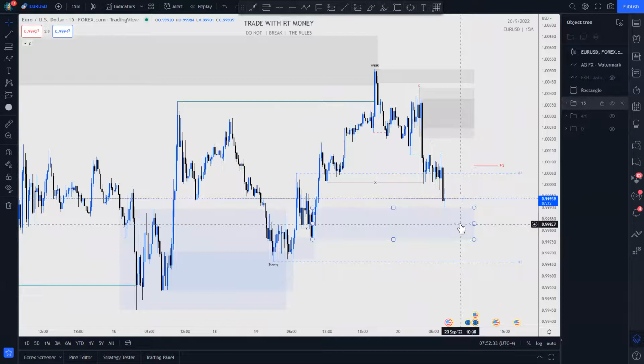That'll give us 15 to 20 pips at the very least. But I am looking to hold this until it takes out this high, which looks like good inducement to mitigate this zone.